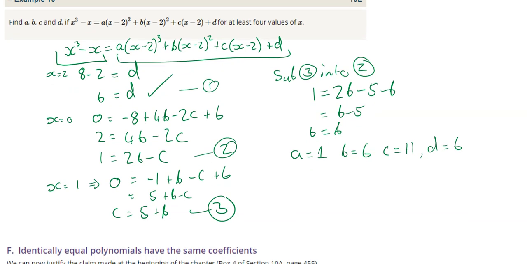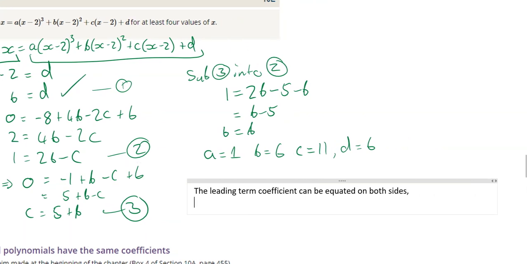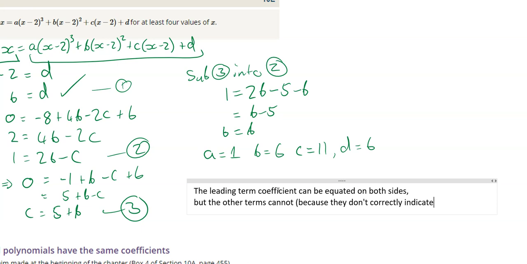Yeah, that's a good thing to remember. In fact, I want to write that in. The leading term coefficient can be equated on both sides, but the other terms cannot because they don't necessarily indicate the same thing on both sides.